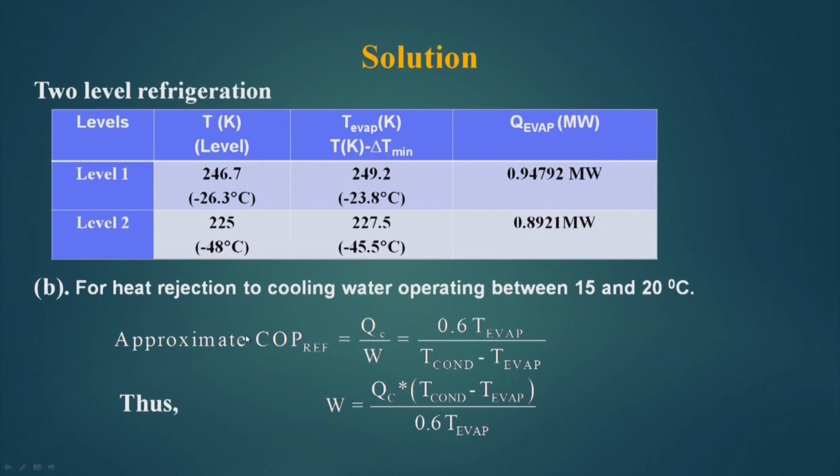Now, the COP is computed using this equation, which is basically a practical COP, because the efficiency factor is involved here. So, this will be the actual COP, not an ideal COP. To calculate this W, this is the equation we will be using.